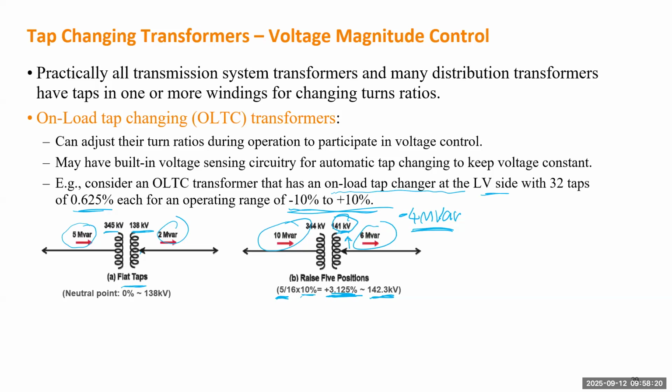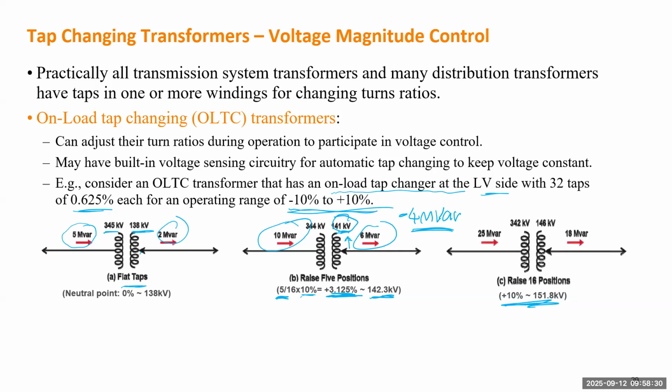That still gives you the increased voltage, but it's slightly lower than the expectation. If you further move up by 16 taps, you want to have a 10% voltage increase, which is higher than 150 kV, but at the end you only get 146 kV because the difference now becomes 7 megawatt.